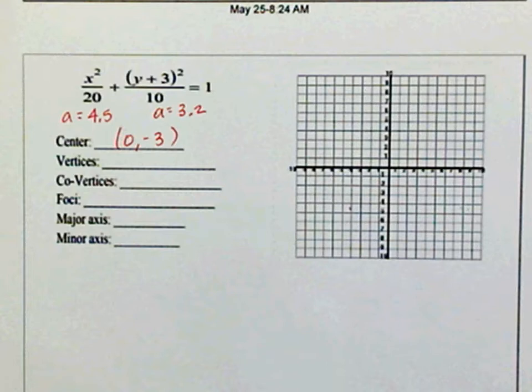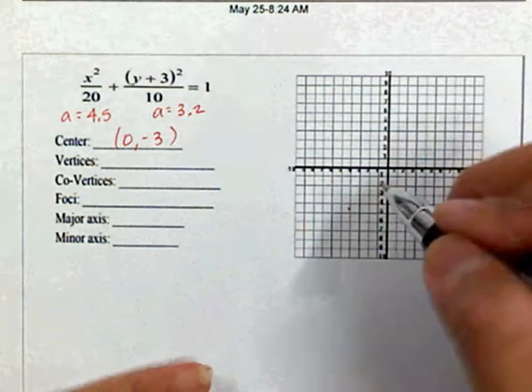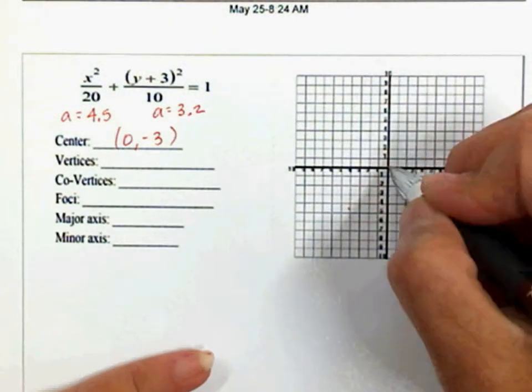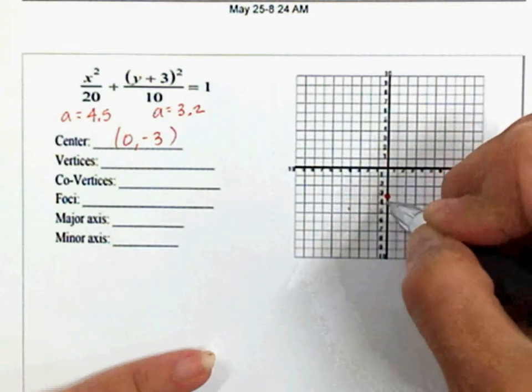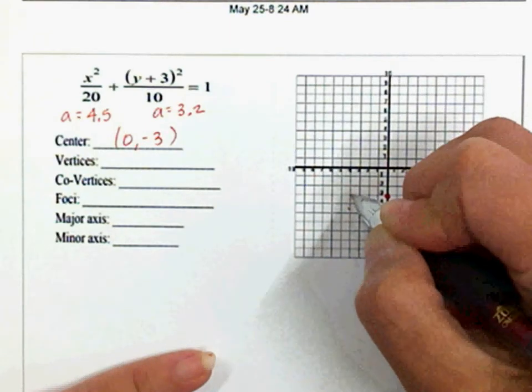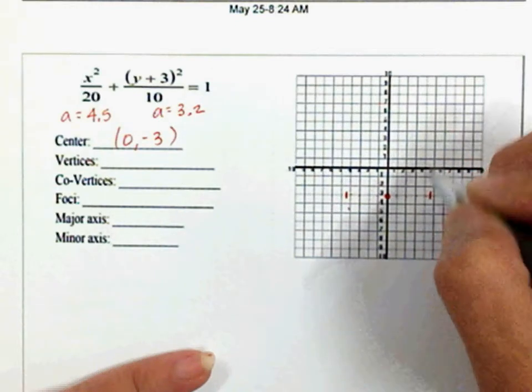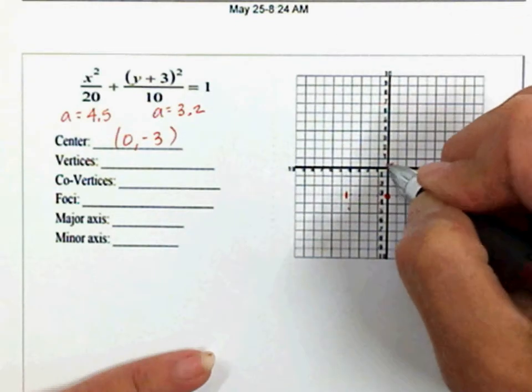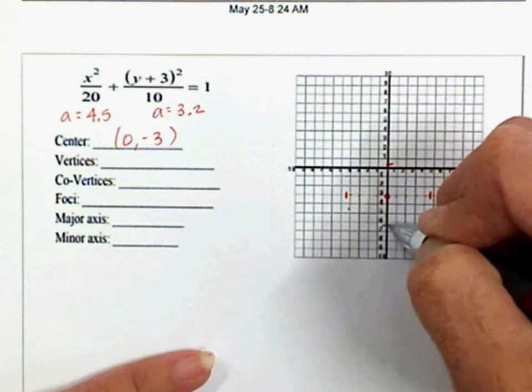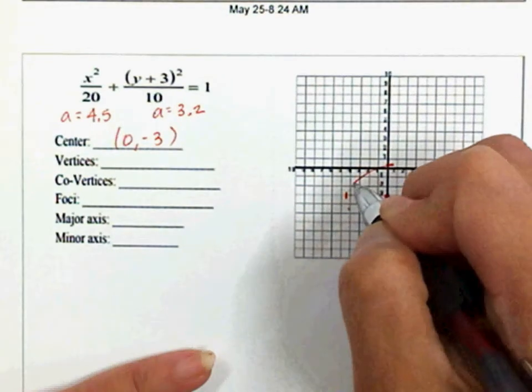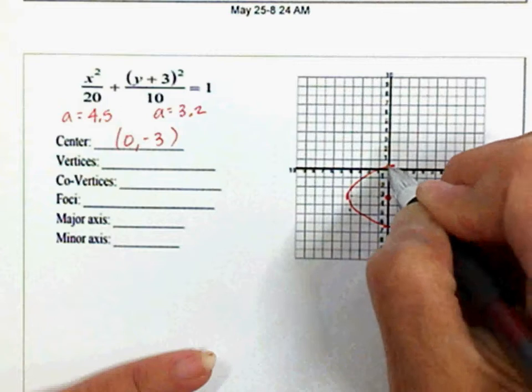Let's go ahead and graph this. 0, negative 3, then 4.5 out, 1, 2, 3, 4.5, and 3 up, 1, 2, 3. Okay, and there's my graph.